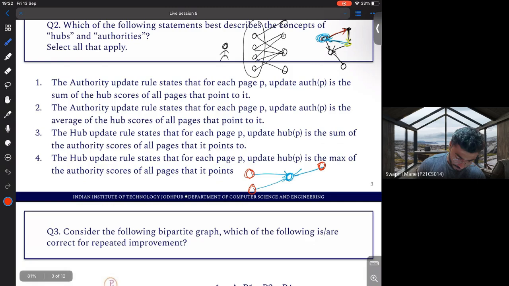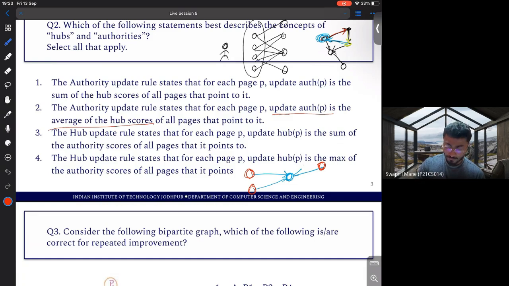The second option states that for each page p, update auth(p) as the average of hub scores. It's not like that. We need to take the summation of all the hub scores which are pointing to that particular node for the authority calculation or quantification.